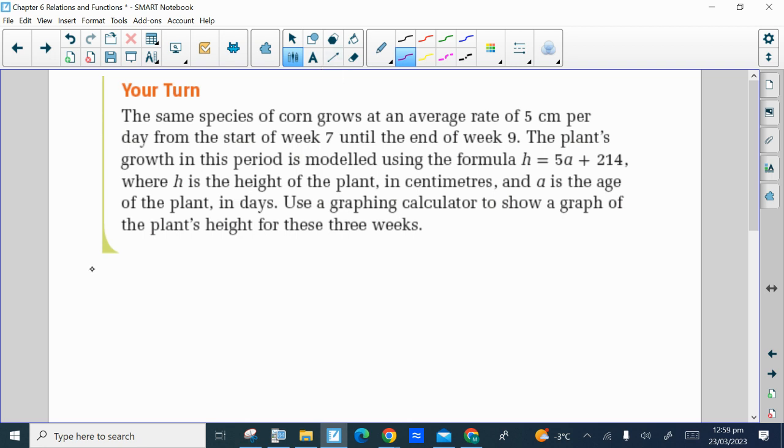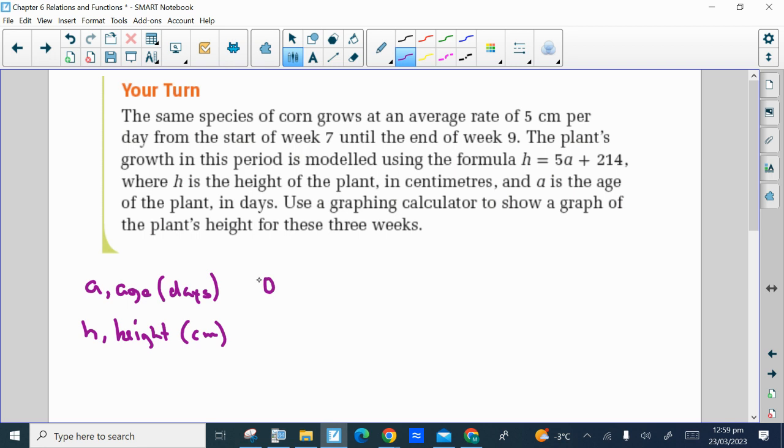Again, the independent variable, the variable that's in the equation, is a, which is the age in days. The dependent variable will be h, the height, which again is in centimeters. And we're going to start at the start of week 7.